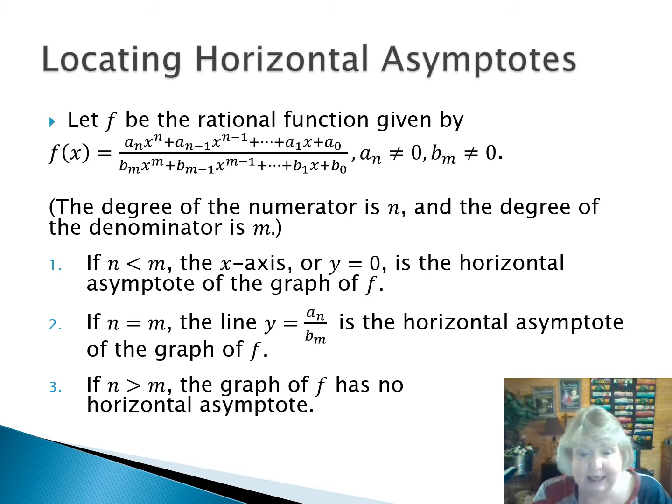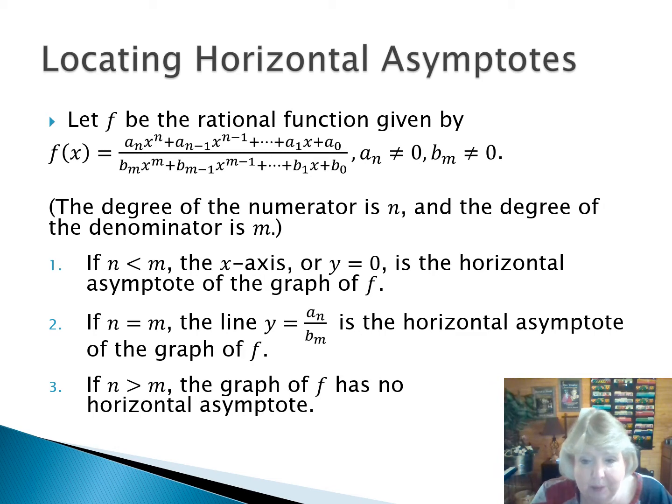So why is that important? Because the degrees of the two parts of the rational function tell me whether I have a horizontal asymptote and what it is. First, if the denominator degree is greater than the numerator degree, then the x-axis, which is the equation y equals 0, is my horizontal asymptote.